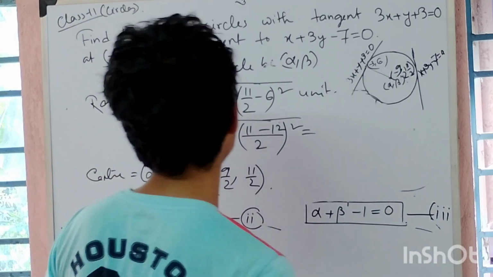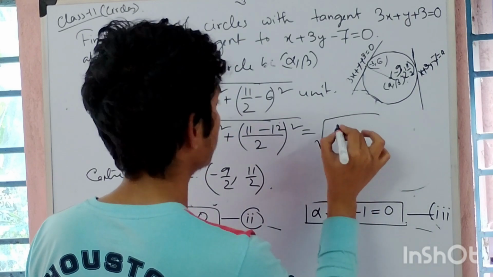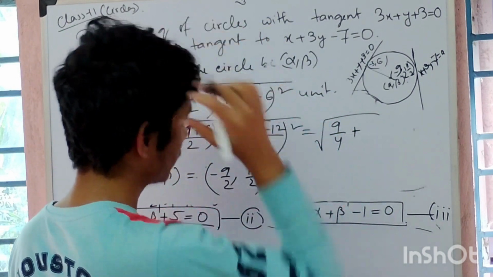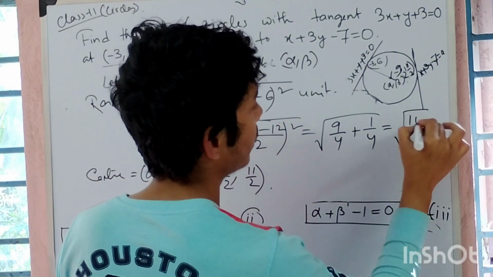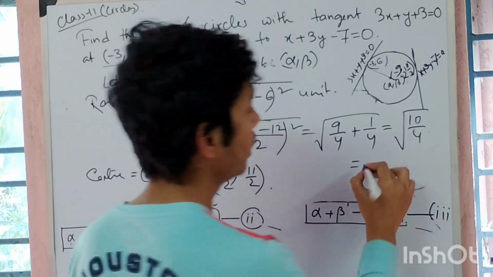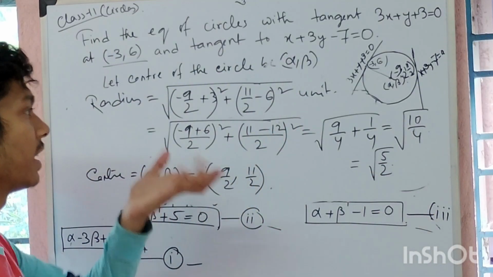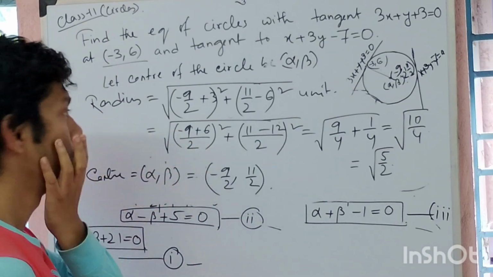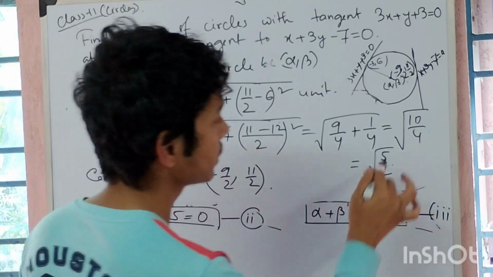Again you will get minus 9 plus 6, it means minus 3 by 2 whole square, which is 9 by 4, plus 11 minus 12, minus 1 by 2, whole square is 1 by 4. So totally it will be 10 by 4, which is 5 by 2. So it will be root over of 5 by 2. You basically need the radius square, so you basically need the 5 by 2. I don't need the root value, but I found it as the radius.